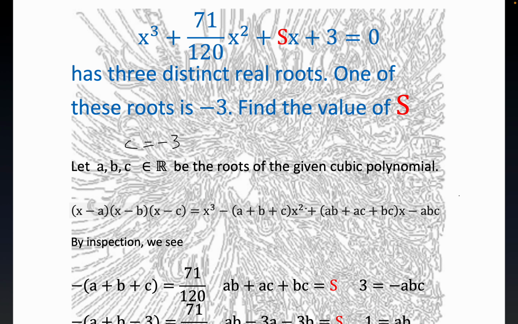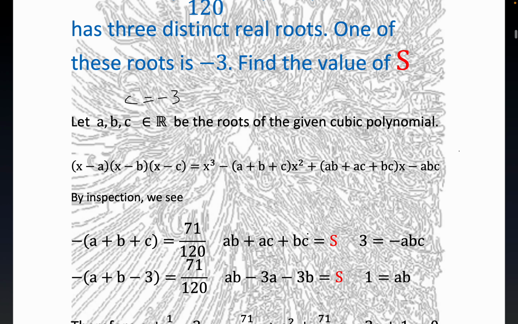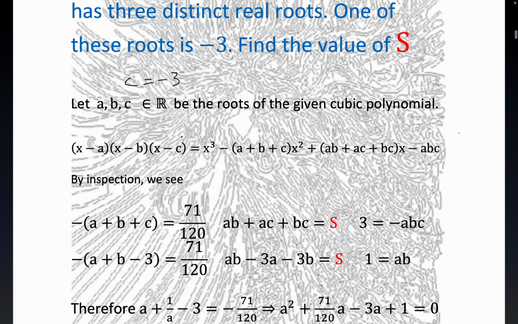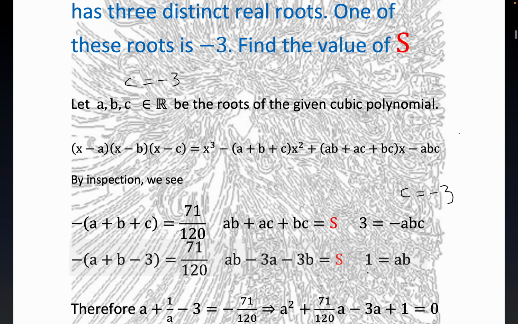Okay, now I've done most of the work here, but notice that since we assume that c is -3, I'll write it down here again. If c is -3, it follows quickly that the product of the other two roots has to be 1, and that means they're reciprocals of each other.